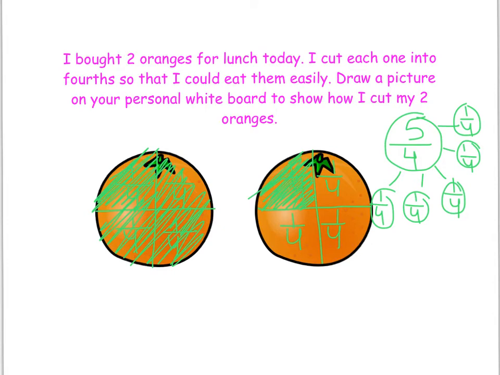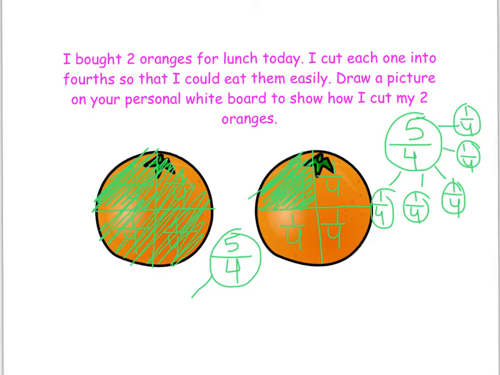Finally, watch me make a number bond with 2 parts. One part should show the pieces that make up the whole. The other part should show the pieces that are more than the whole. Well, in this case, 5/4. I can't put 1 whole there because I know that the number of oranges I ate is greater than a whole. So one part should show the pieces that make up the whole.